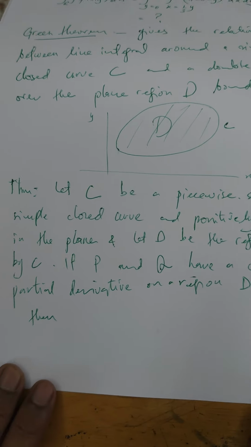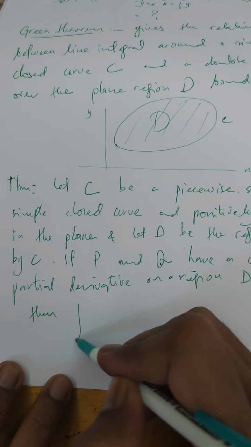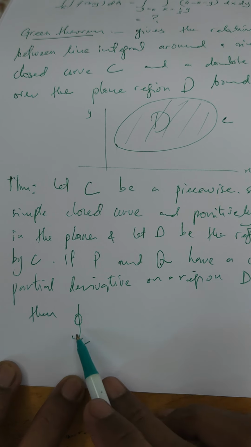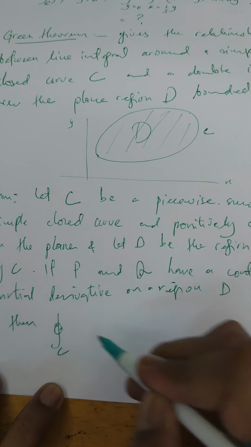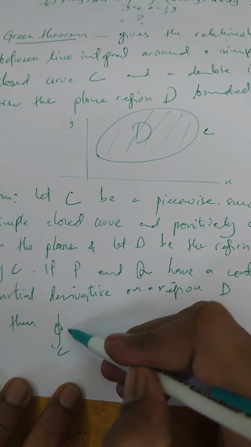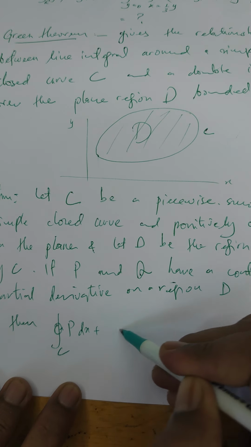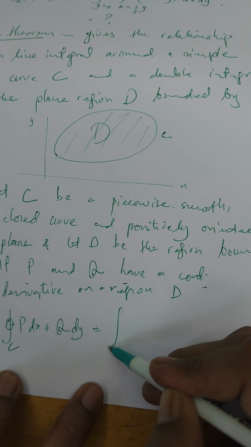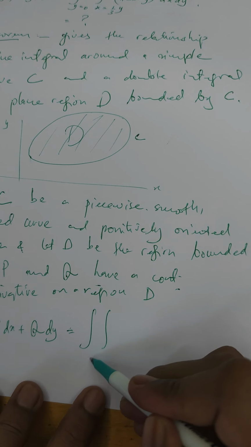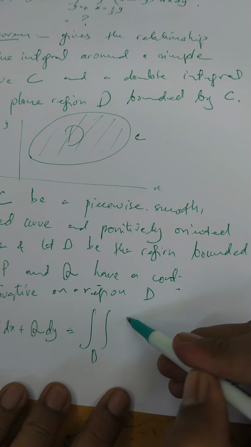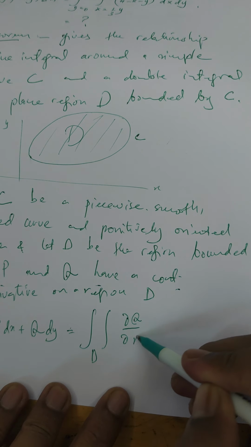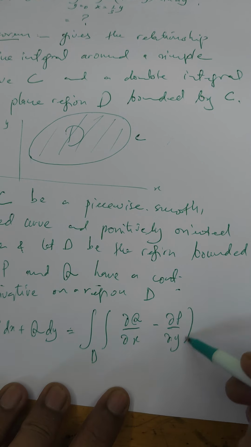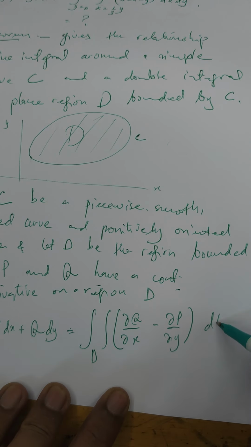on the region D, the integral over the contour C, closed curve, positively oriented, of P dx plus Q dy is equal to the double integral over region D of (del Q/del x minus del P/del y) dA.